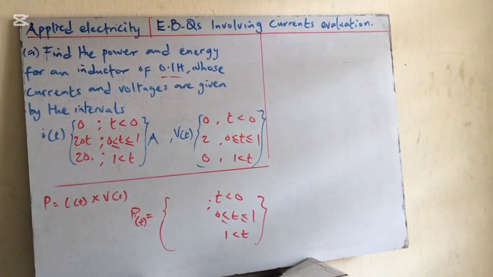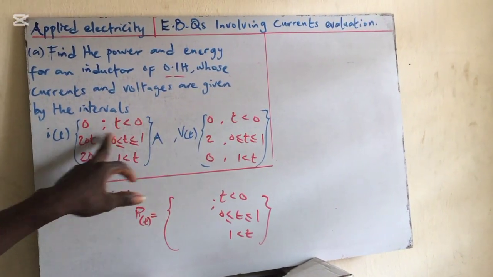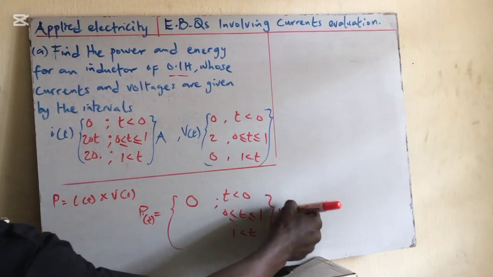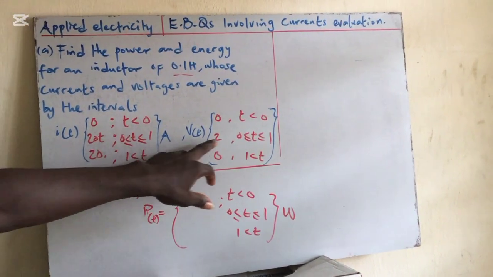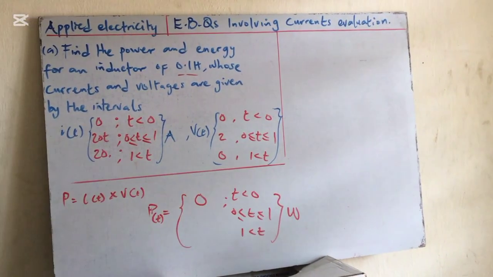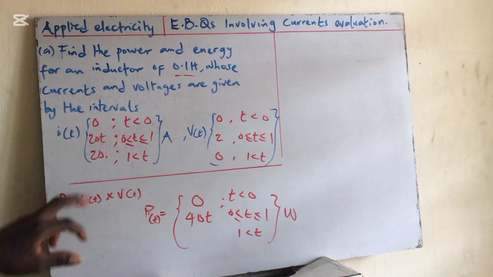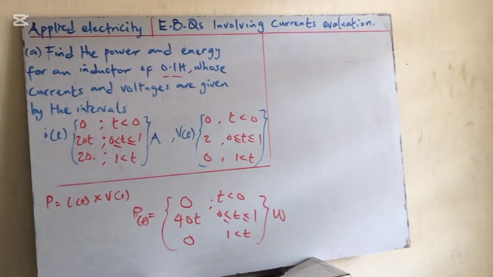So yes, since we have i multiplied by v, we take this, 0 multiplied by 0 is what? Is 0. Remember, power is in watts. Then 20t multiplied by 2, that will be 40t. We have 40t here. Then 20 multiplied by 0, that's also 0. So that's all for the power.